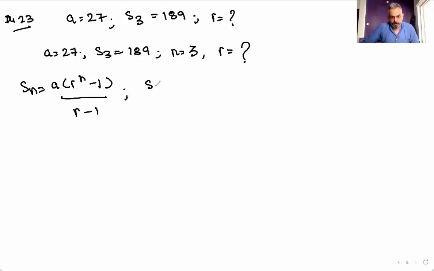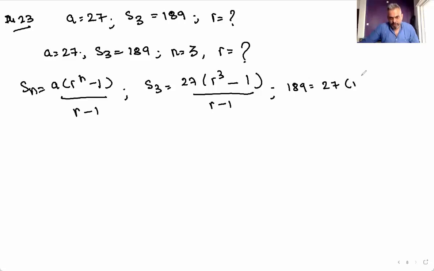So S3 is equal to 27 into r raised to 3 minus 1 upon r minus 1. So S3 is 189, which is equal to 27 into r cube minus 1 upon r minus 1.